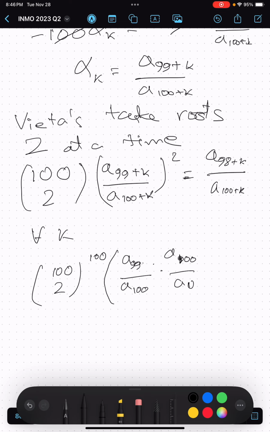A1 A0 is equal to a 98 by a 100, a 99 by a1.